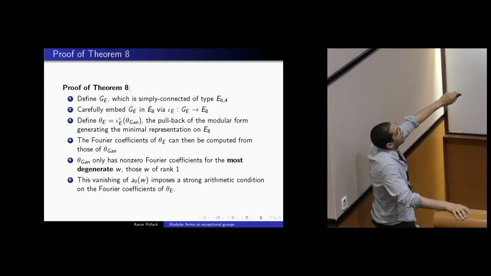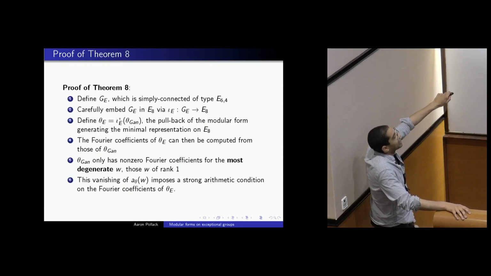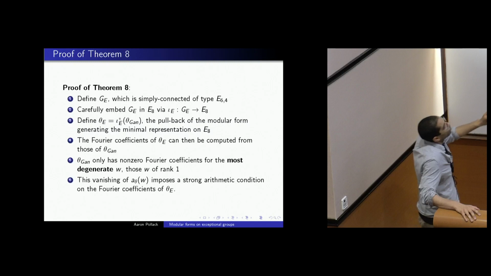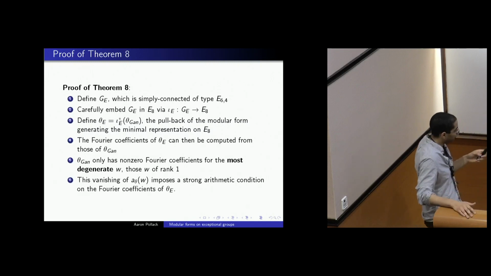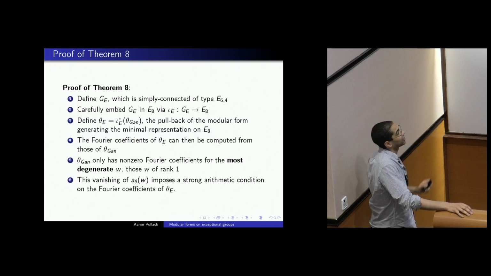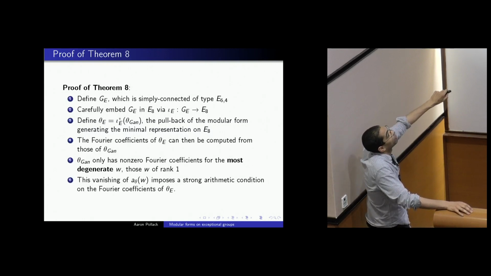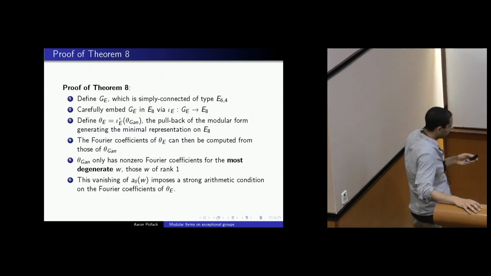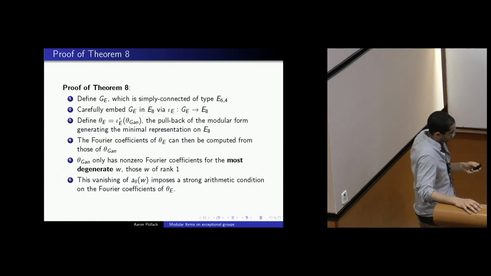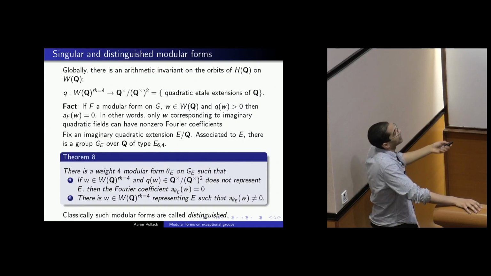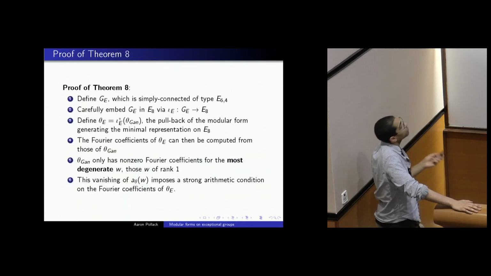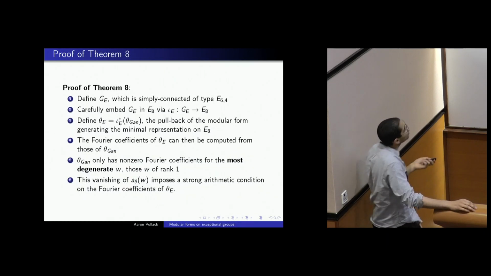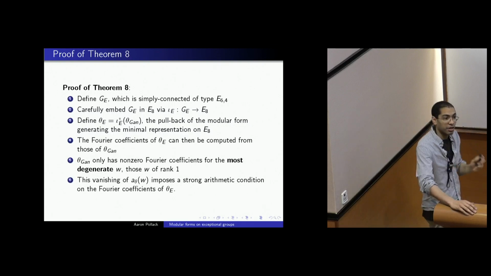And so the fact that this guy on E8 has only non-zero Fourier coefficients for W of rank 1 imposes a really strong sort of arithmetic condition on the Fourier coefficients of the pullback to E6. Okay, and so that's how you get that most of these Fourier coefficients are 0. Okay, so that's how you construct a distinguished modular form.